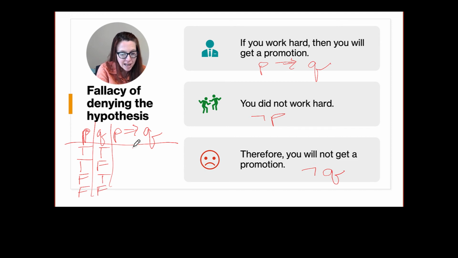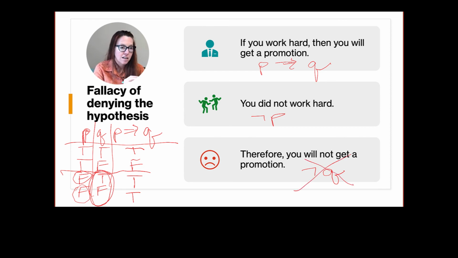And we know that this is true here, and it's false here, but the implication still holds here. It doesn't cause any problems. It just doesn't tell us anything, right? When not P is the case, we don't know what happens to Q. And so this part is where it has gone astray.